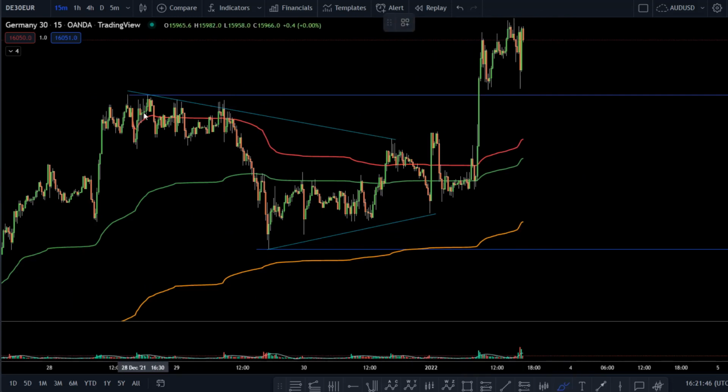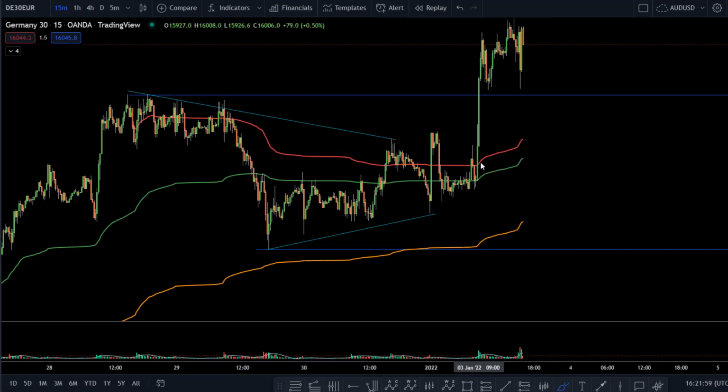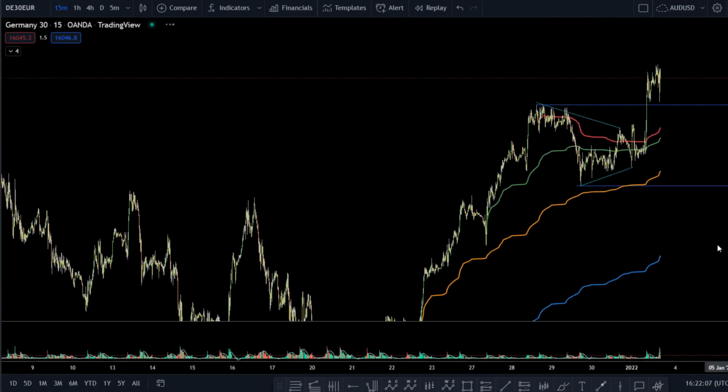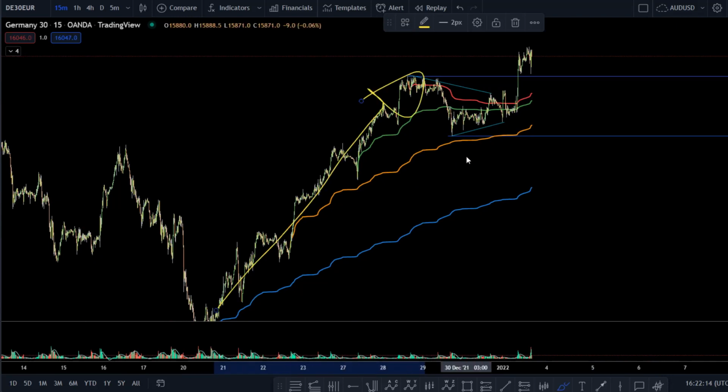And the red one I plotted here from the beginning of this downtrend. So this one gave me an idea of the sellers' average price. And the moment we also closed above it, and remember, this is in confluence with the fact that we are in an uptrend, the higher time frame market is pushing up.